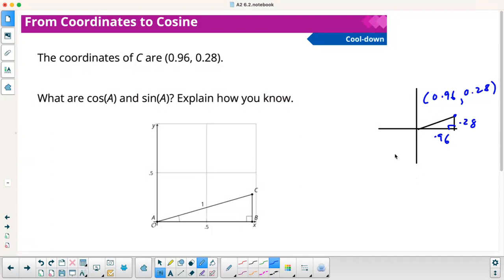And we can make a right triangle there, and we could get the hypotenuse there with the Pythagorean theorem. 0.28 squared plus 0.96 squared equals hypotenuse squared.